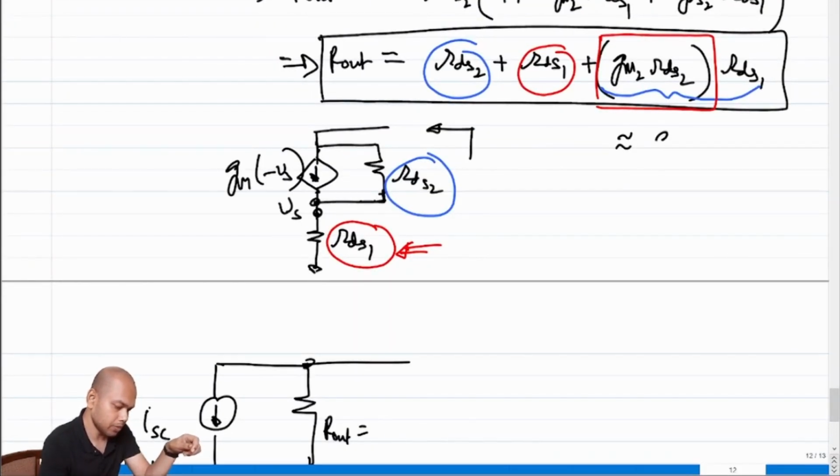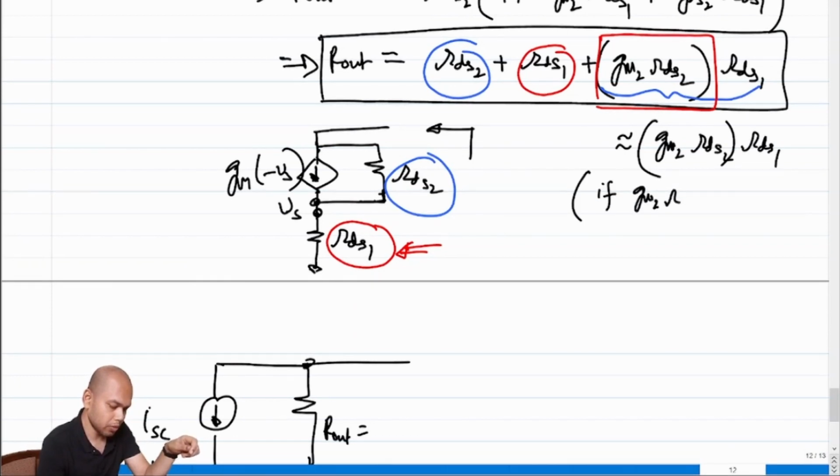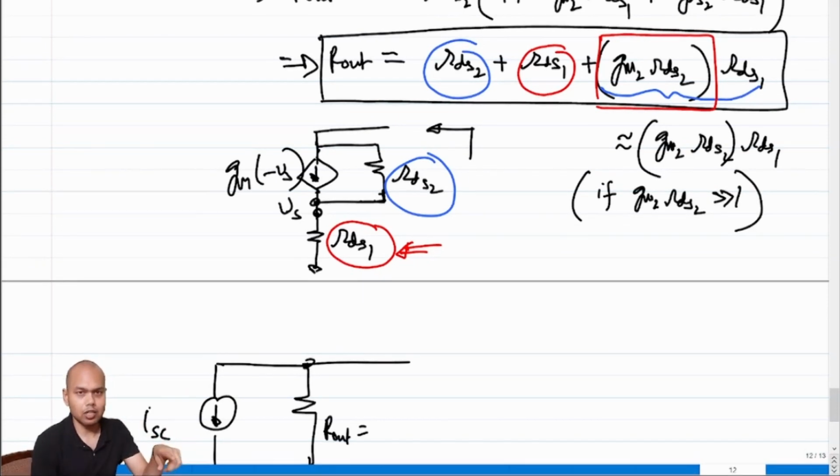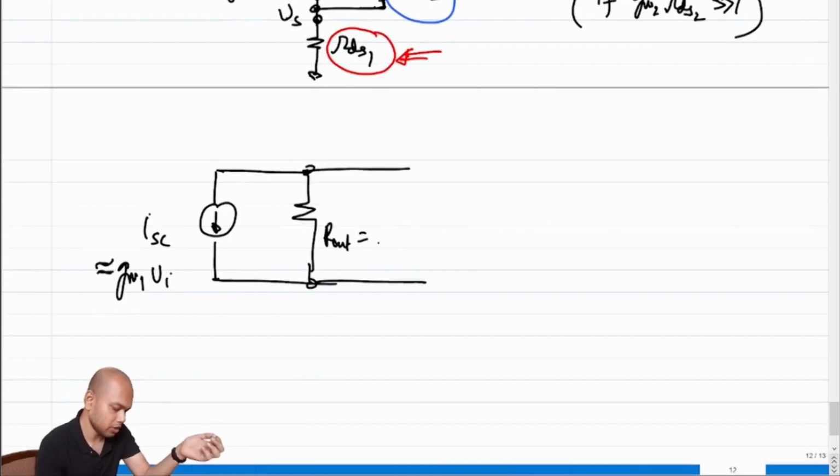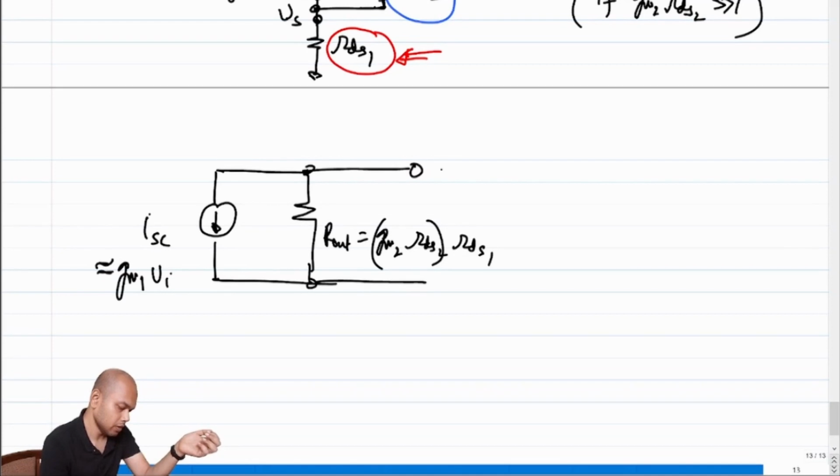I can say this is approximately equal to gm2 times rds2 times rds1, if gm2 rds2 is much greater than 1. That is a caveat; if it's not, then this is not true. Since a transistor biased in saturation is expected to satisfy this, Rout is approximately gm2 times rds2 times rds1.